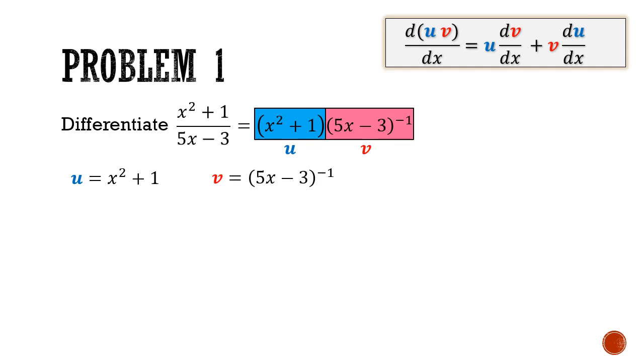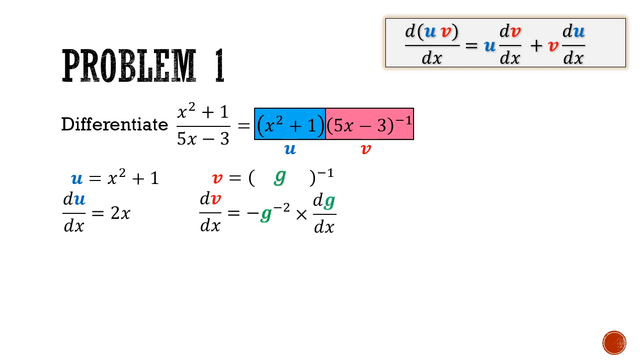We can compute our du dx, that will give us 2x. Now to compute dv dx, again we'll still need to apply the chain rule. So first we can substitute 5x minus 3 to be our g. So we'll differentiate g to the power of negative 1 with respect to g first, and that will give us negative g to the power of negative 2. However, we still must multiply by the chain, the dg dx.